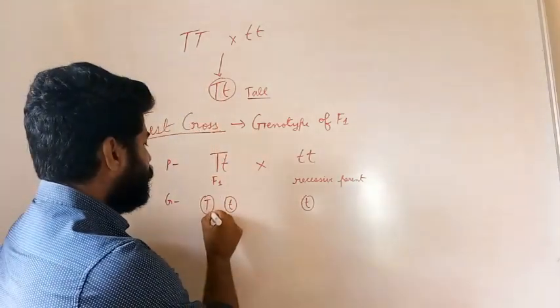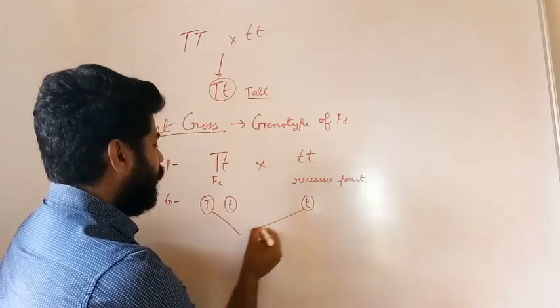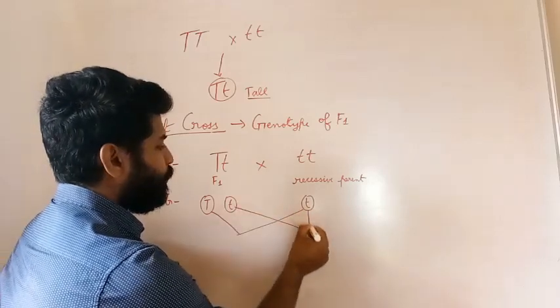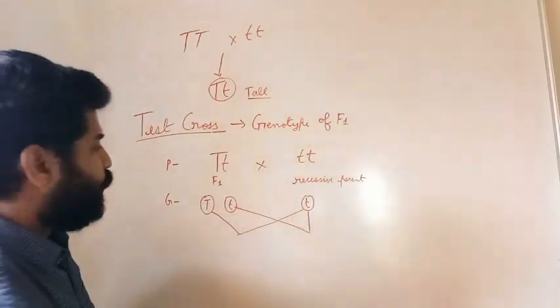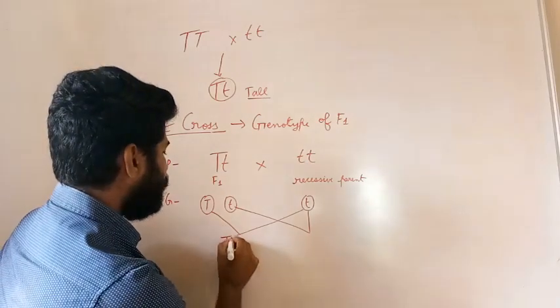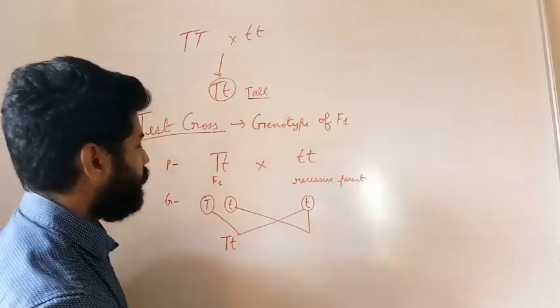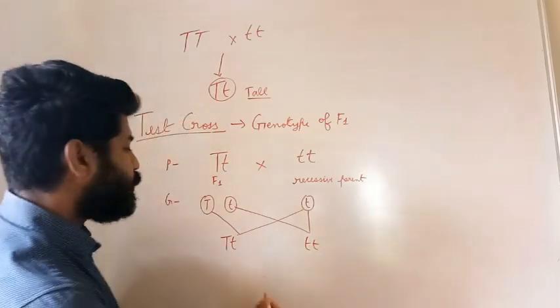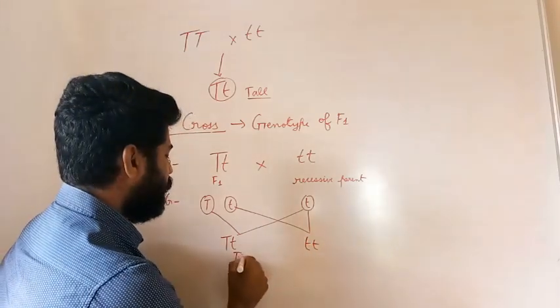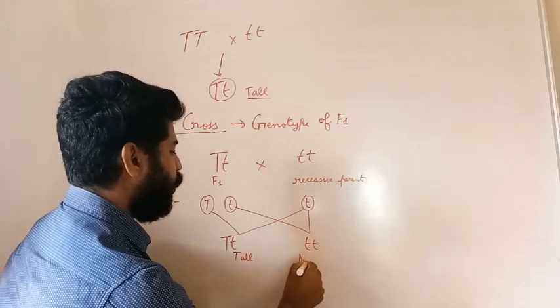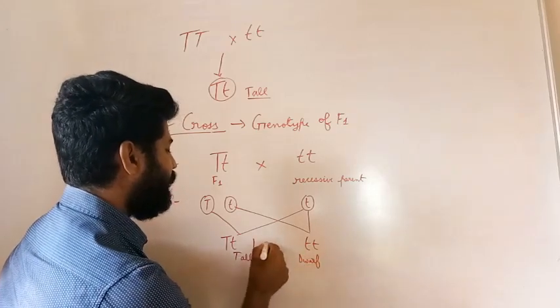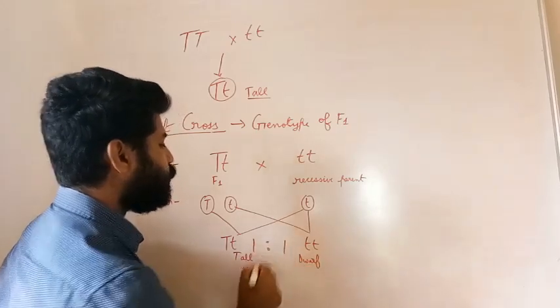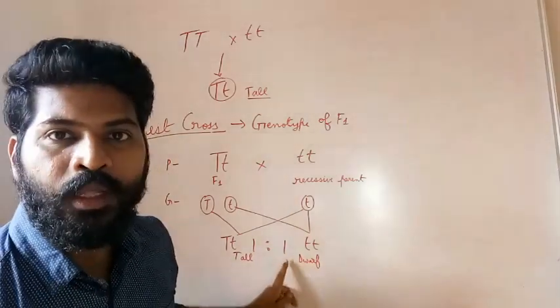So the result will be, we get a tall plant and a dwarf plant. So the ratio of tall and dwarf plants is 1:1.